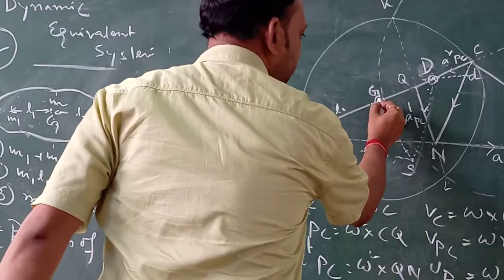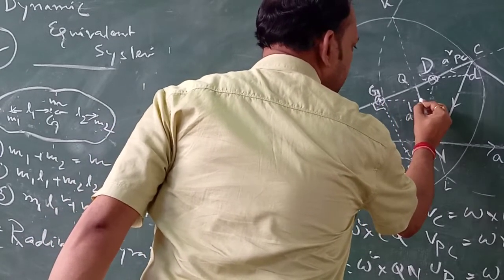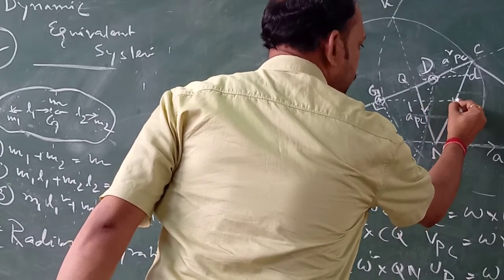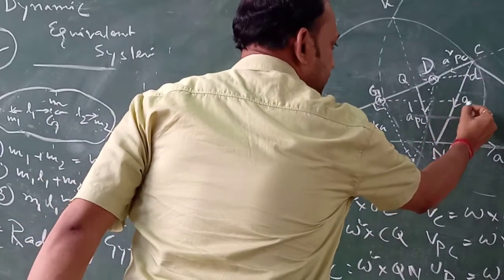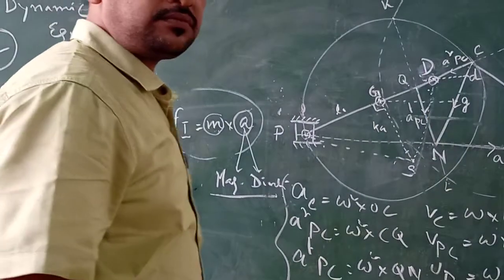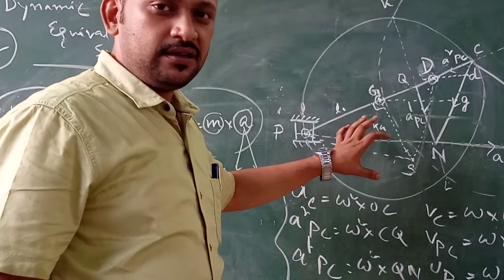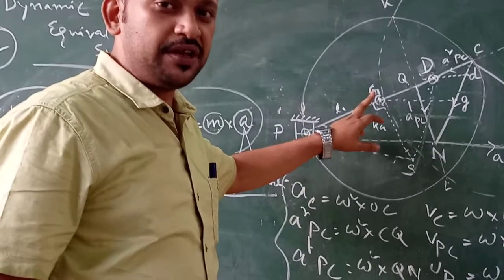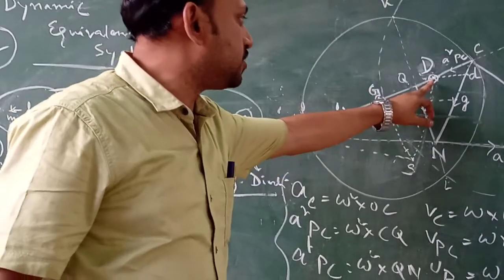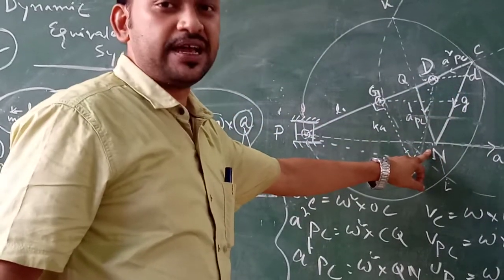Similarly, from the point G, we will draw a line parallel to the line of stroke, which intersects CN at the point small g. This concept is basically what we are using to find out the position of D and G in the main acceleration diagram.